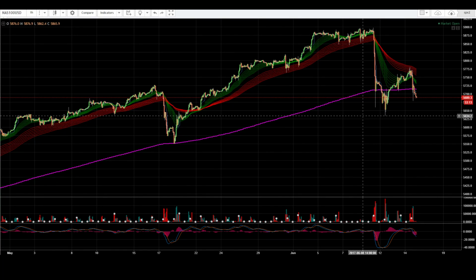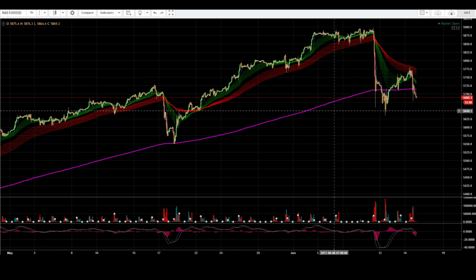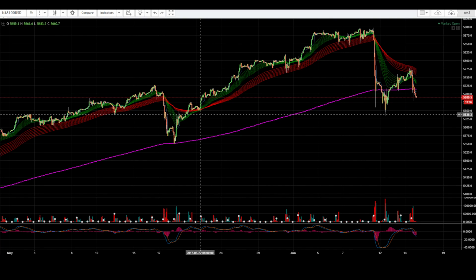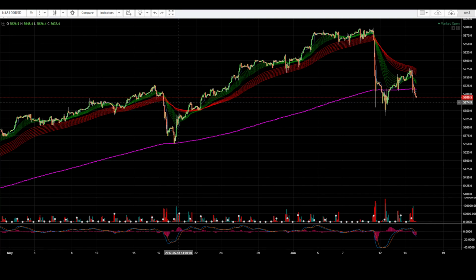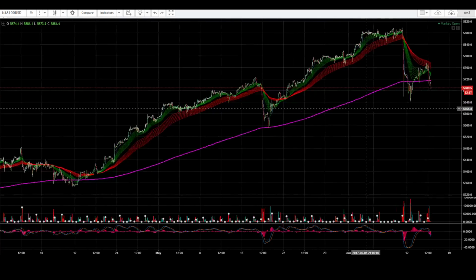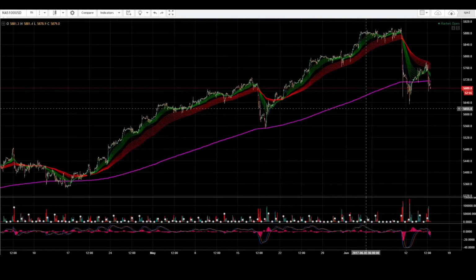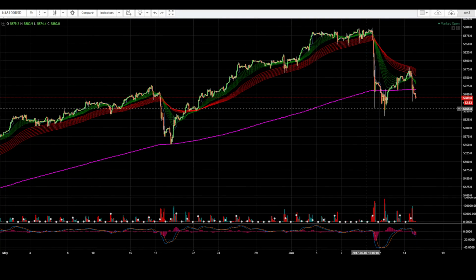Look at the gains that were erased. Look at how much gains were erased, right, in May. Two weeks of gains erased in pretty much one day. So I definitely think this can go lower. That's all I'm saying, because I definitely think Nasdaq can go lower.